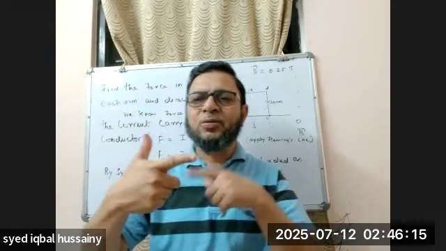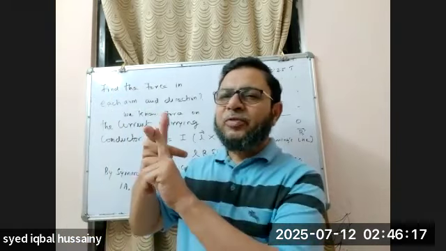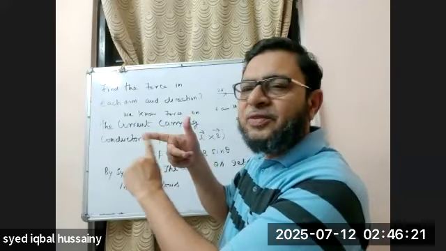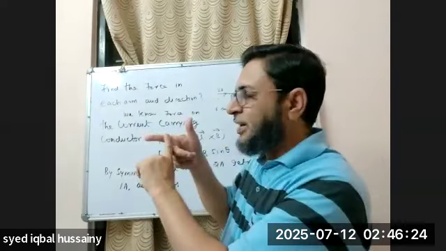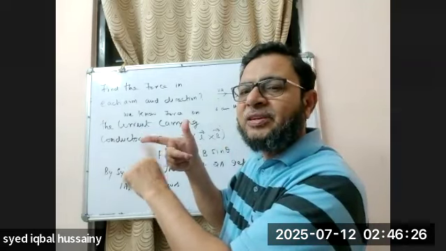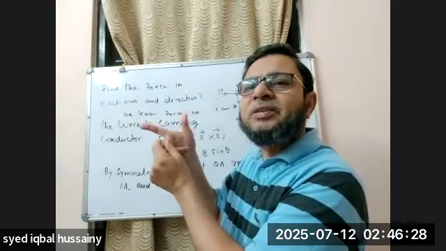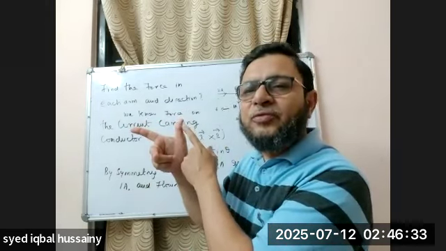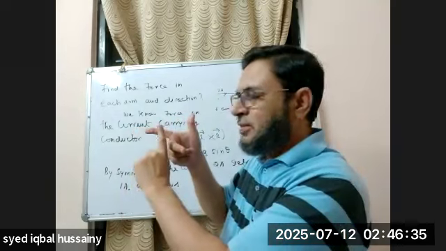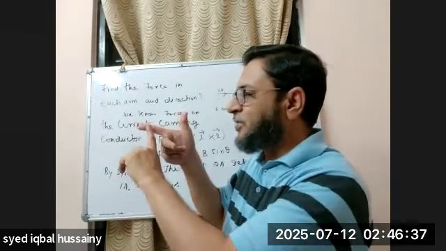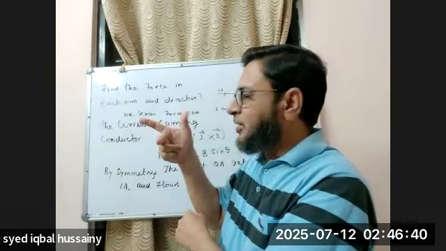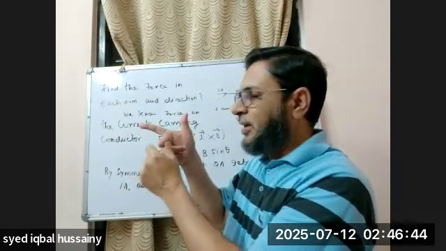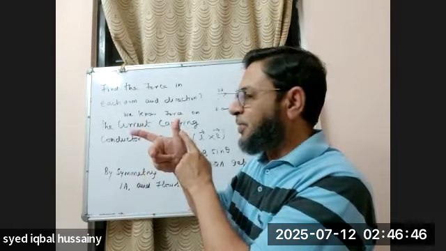Please note down: if the index finger represents the magnetic field direction, then the middle finger represents the current direction, and automatically the thumb represents the force.